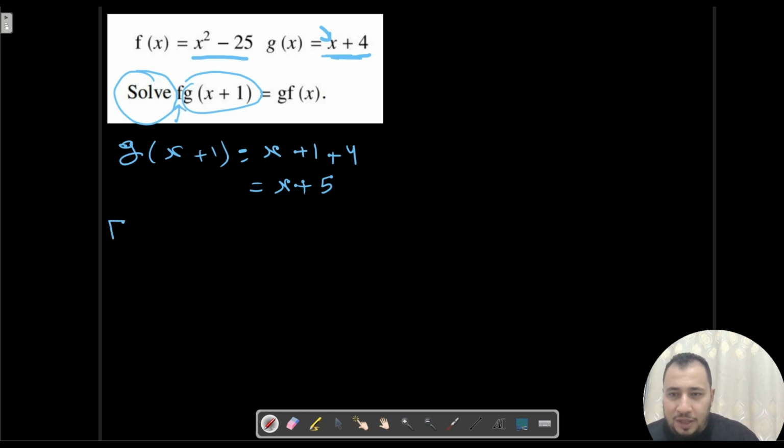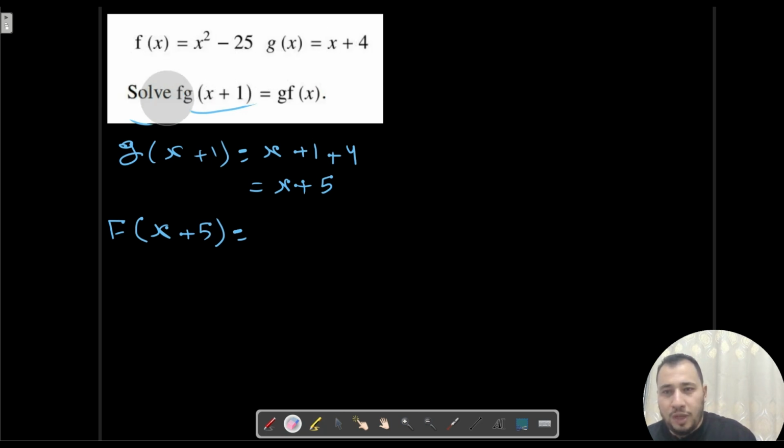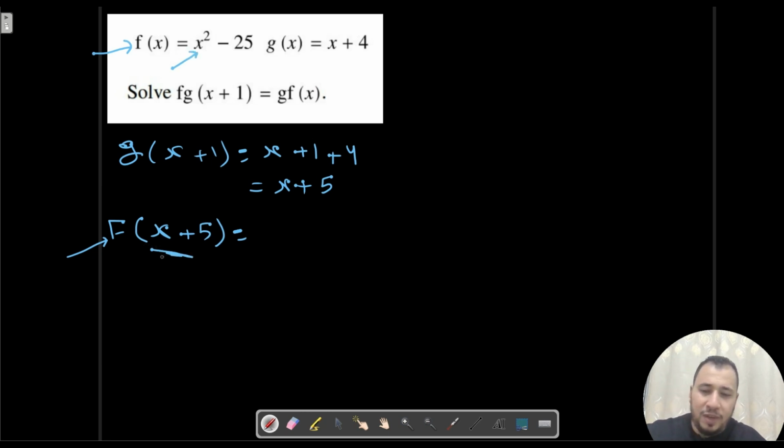Now let's put it in function f. I mean, I need to get f of x plus 5. Now what are we going to do? We will have to go to function f. Okay, let me just clear this. Go to function f, which is here, and substitute x here with the value between brackets, x plus 5.